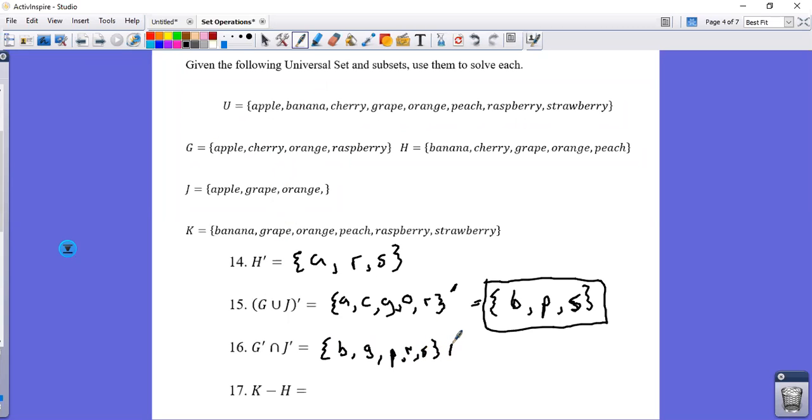That's the complement of G. If I intersect that with the complement of J, which apple is there, so banana's not, cherry's not, grape is, orange is, peach, raspberry, strawberry. And now I want the intersection. What do these two complements have in common, right? So that's B, banana. They don't both have grape, they both have peach, raspberry, strawberry.